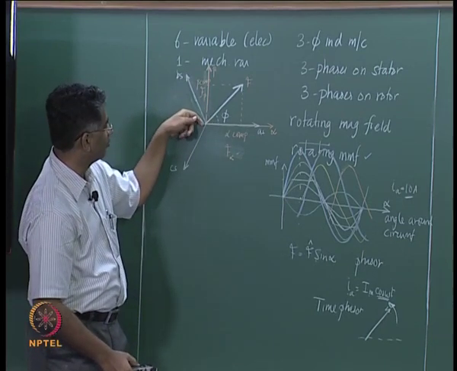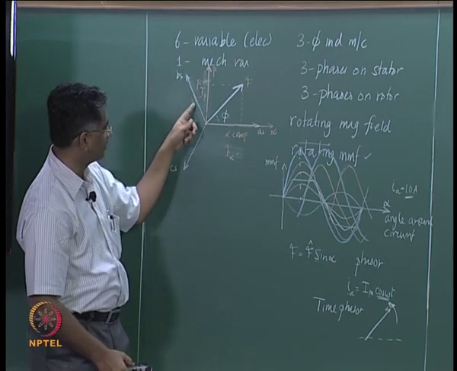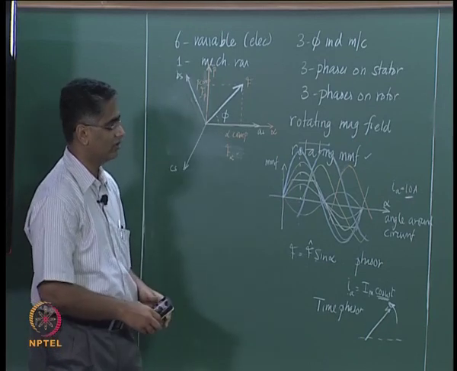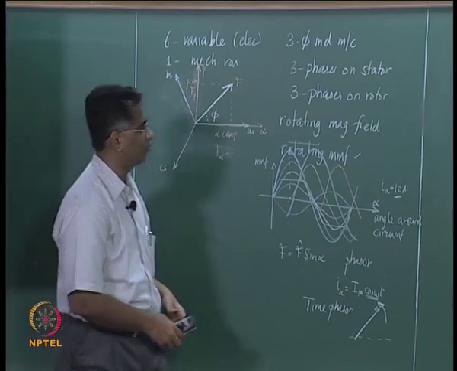Similarly, the MMF component acting along the B axis excitation, its component at this angle, and similarly C component along that angle multiplied by the number of turns is then the MMF component.